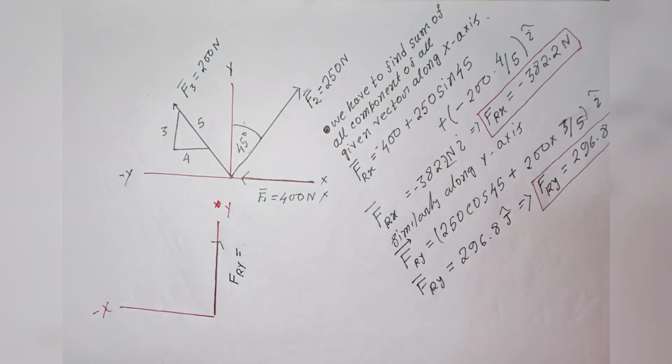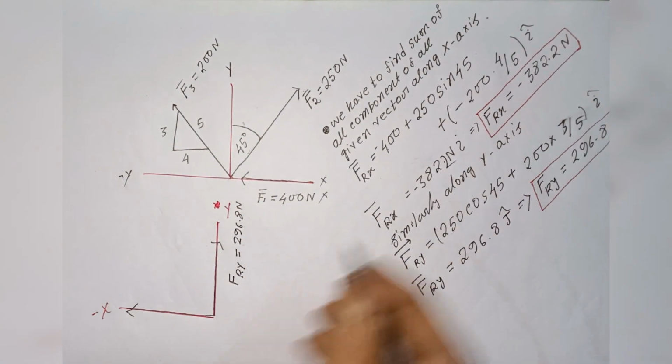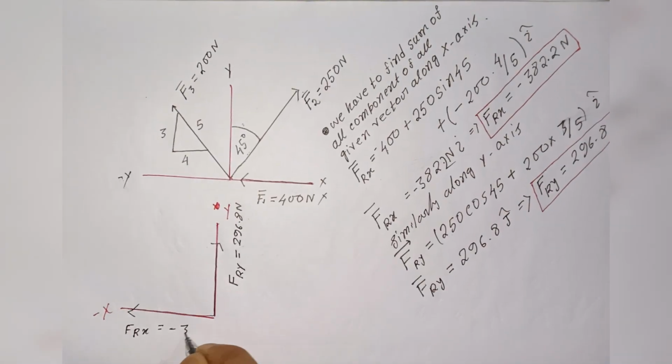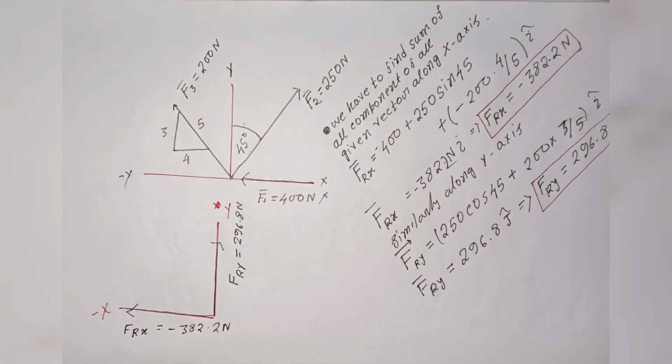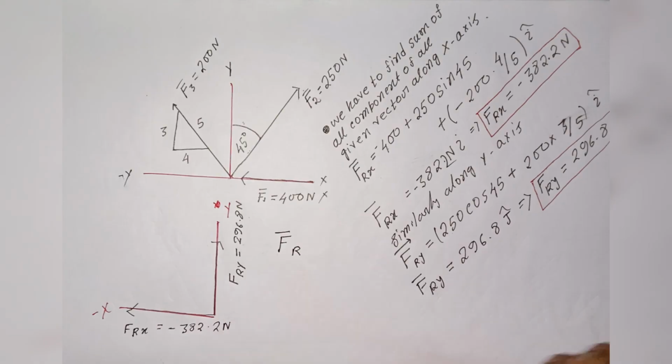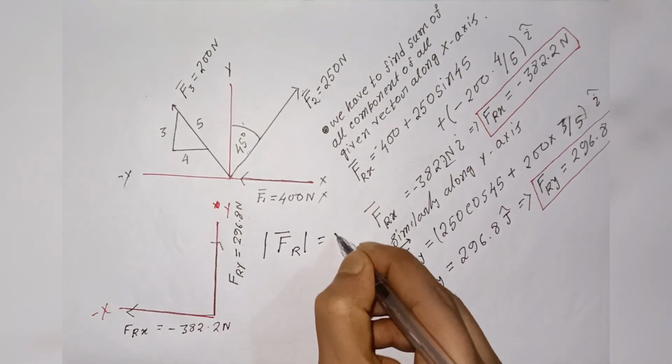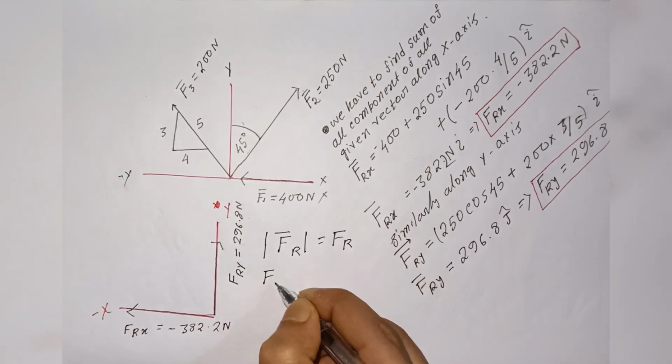The angle theta will pop out, the resultant vector's attachment.